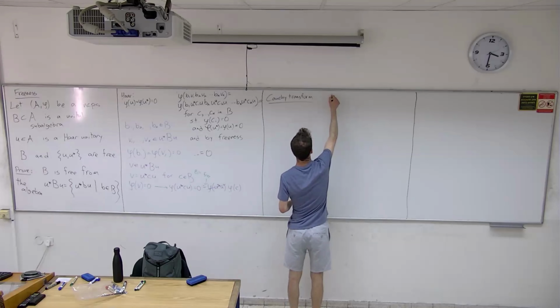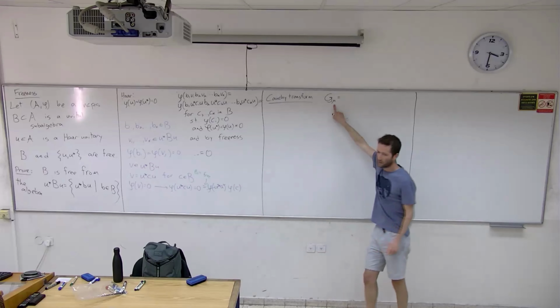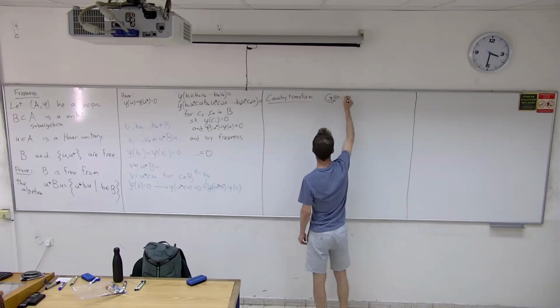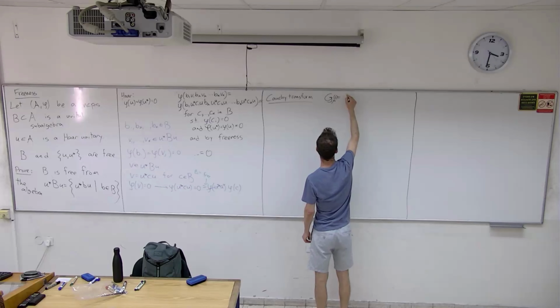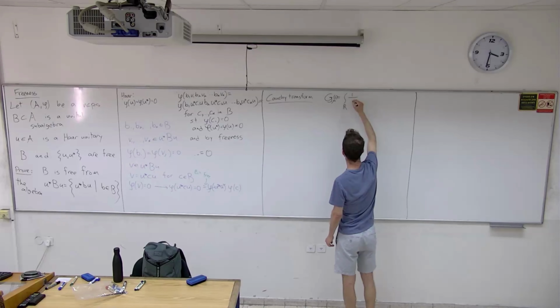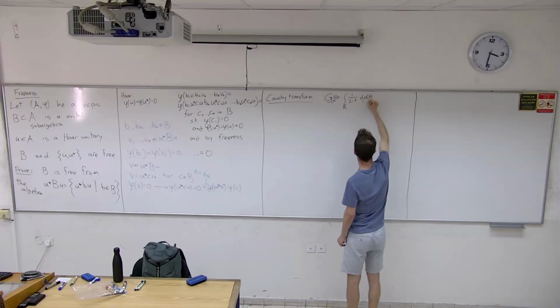Recall, it will be denoted by this fancy mu. So I have a probability measure mu, and the Cauchy transform of variable z is defined as the integral over the reals of 1 over z minus t d mu of t.